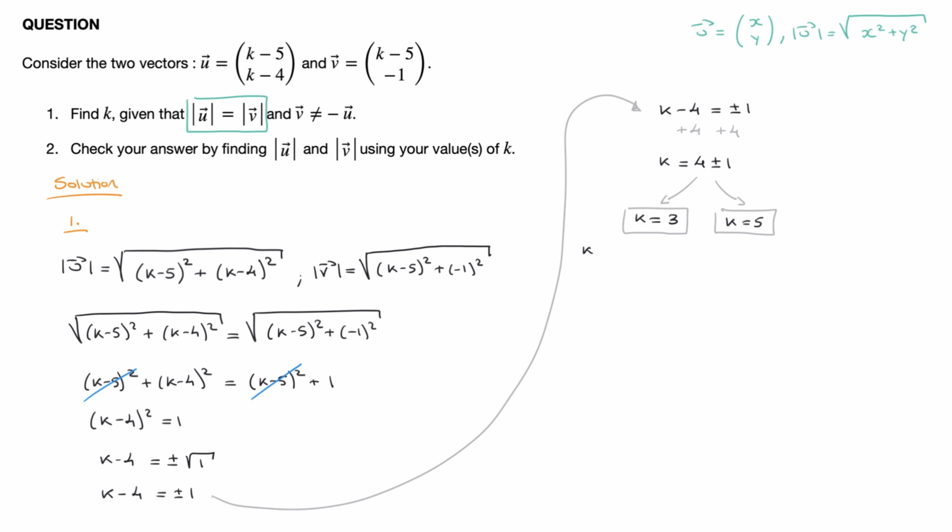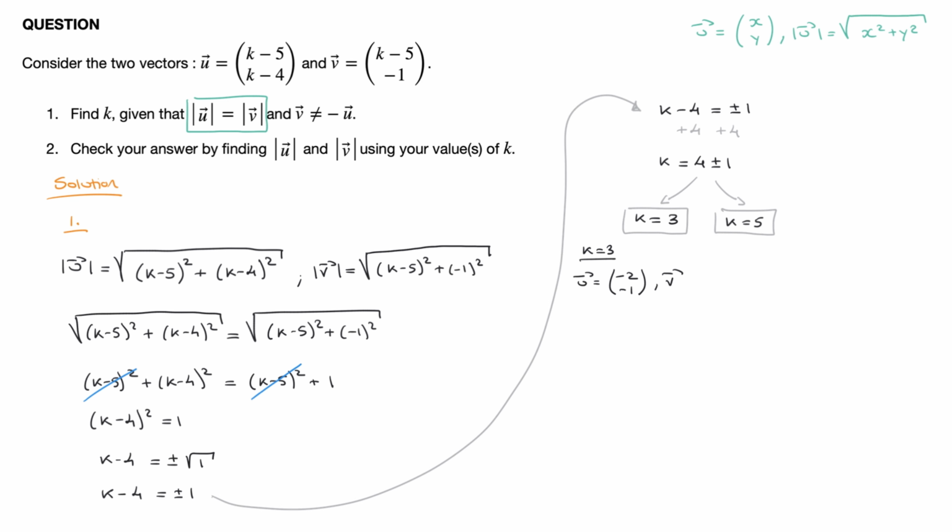First of all, I'll let k equal to 3 to see what that looks like. Now, if k is equal to 3, then vector u would become 3 minus 5, which is negative 2, and 3 minus 4, which is negative 1. So if k equals to 3, vector u has components 3 minus 5, so negative 2, and 3 minus 4, which again is negative 1.